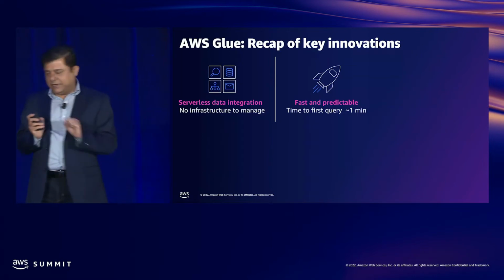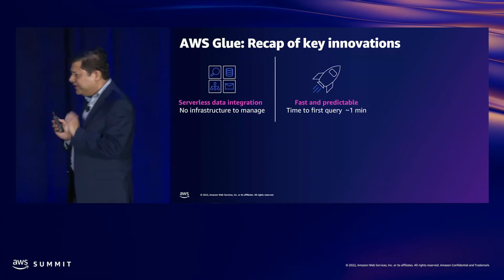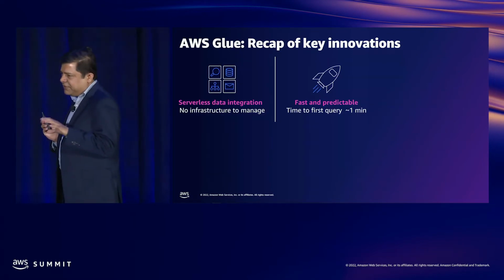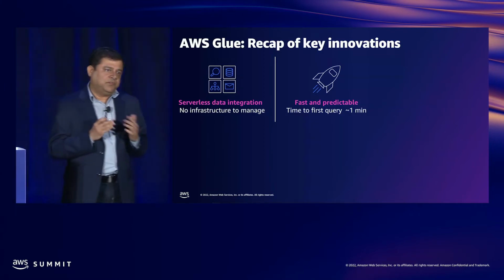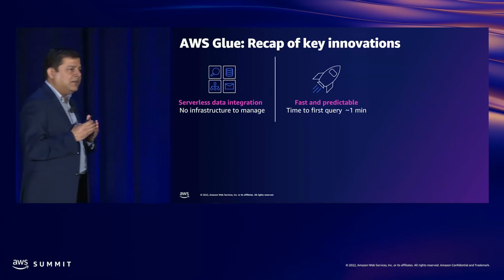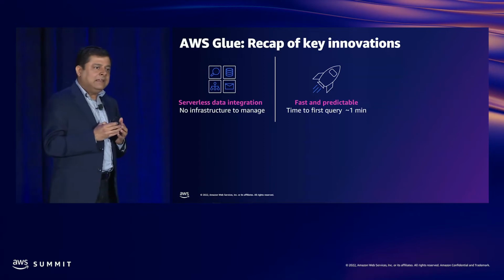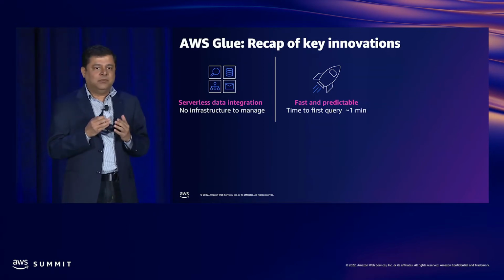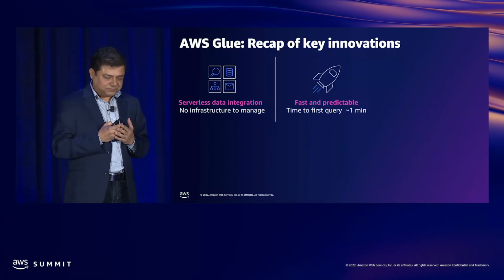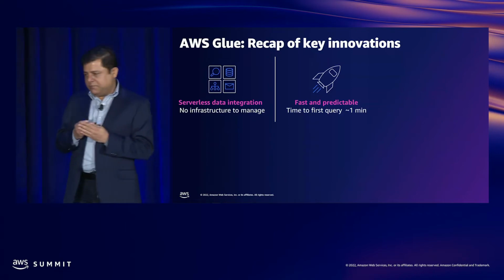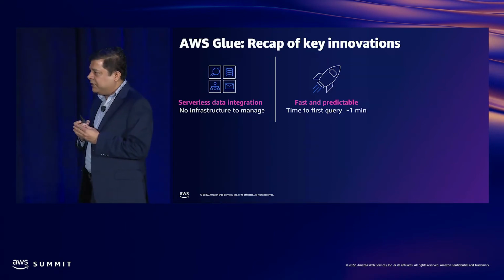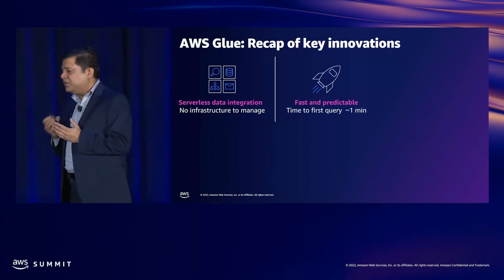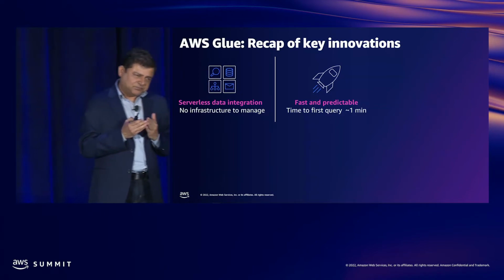It's fast and predictable. And this is very, very important. So this is where Glue has done a bunch of innovation which helps scale your data integration job across hundreds of clusters. Specifically, achieving the time to first query of under a minute.